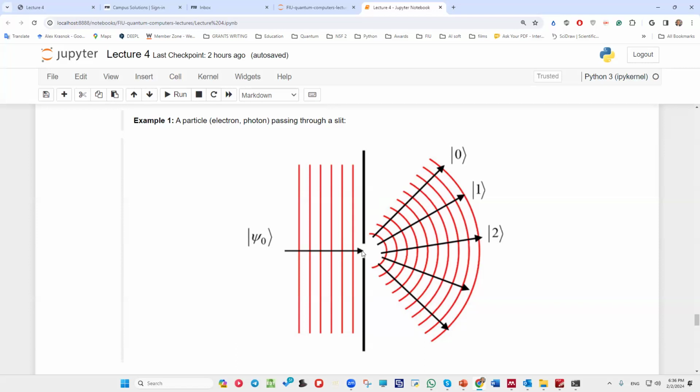What experiment tells us is that after this slit, the electron or the particle can move in any of these directions. If I put my detector, I can find the electron in this state here, or this state here, or this state here, but I don't know which way the electron will go after the slit.